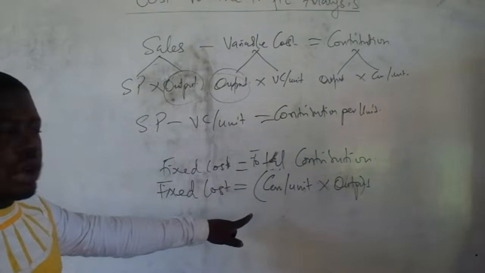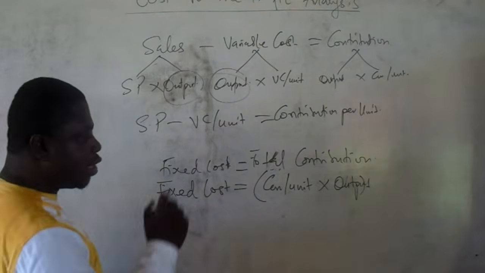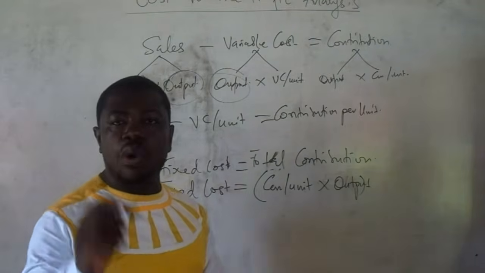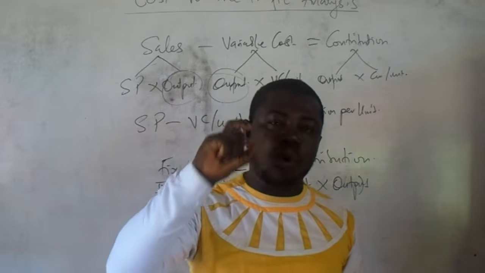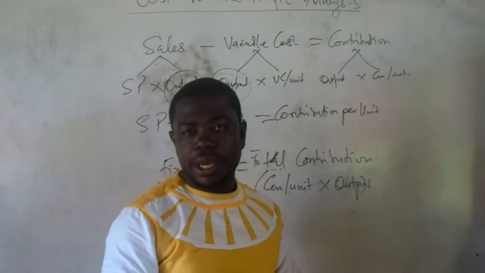Now, if your fixed cost is equal to your contribution per unit times output, then this is what we are going to have. What we are trying to find is the number of units or quantity or output that we should produce in order to achieve break-even.